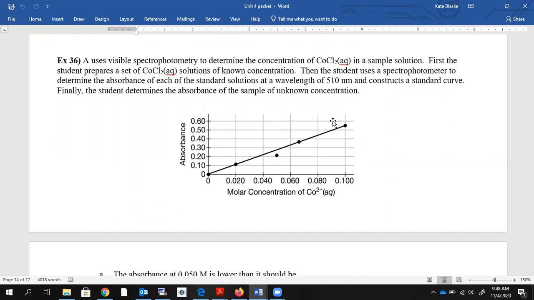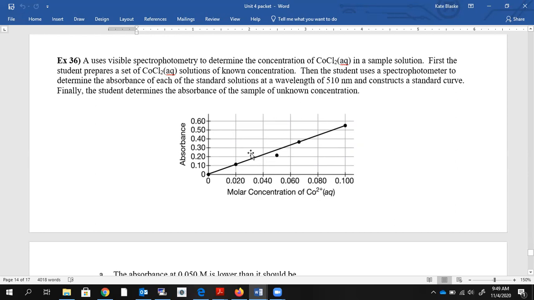So let's say we had this particular graph and we put an unknown solution into our colorimeter, and we found out that we had an absorbance right around 4.5. We say, well, an absorbance of 4.5, follow that graph over here. That means our concentration of that sample would be really close to 0.08 molar cobalt ion in this case.